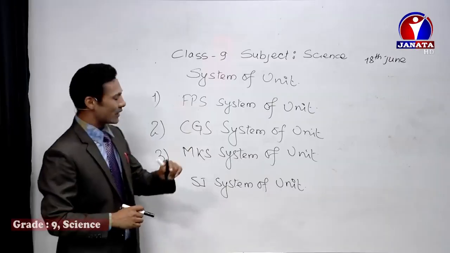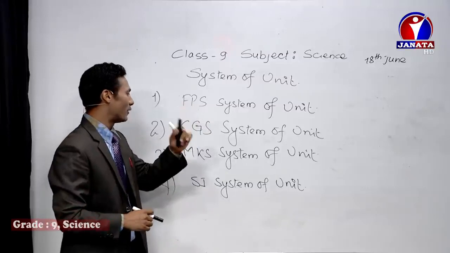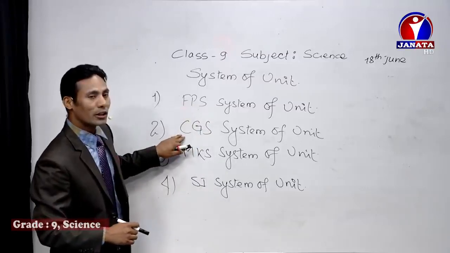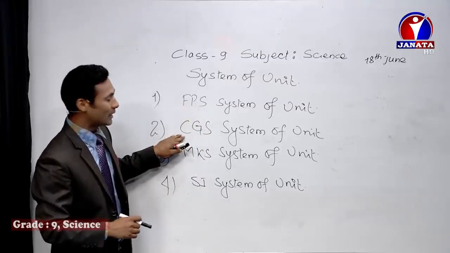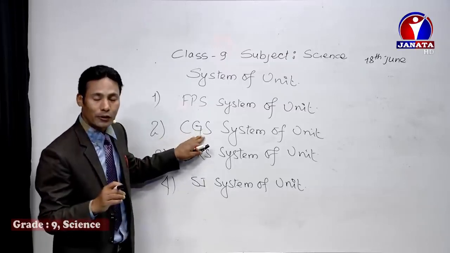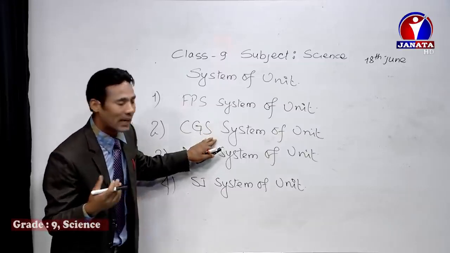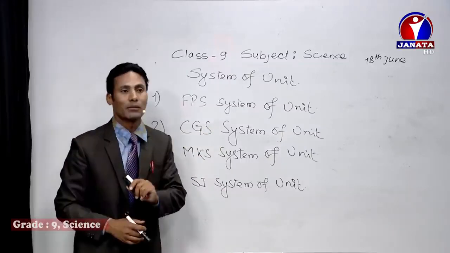And next, this CGS system of unit. So let's follow the same pattern, whatever we have defined previously. C stands for the centimeter, right, length. Okay, and this G stands for the gram, unit of mass, and the S stands for the unit of the time. So let's define the CGS system of unit.